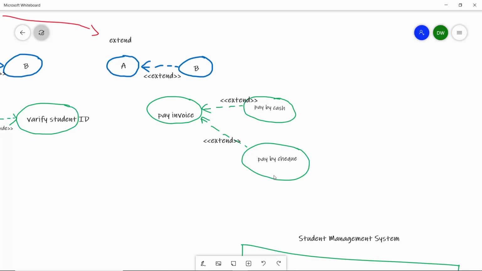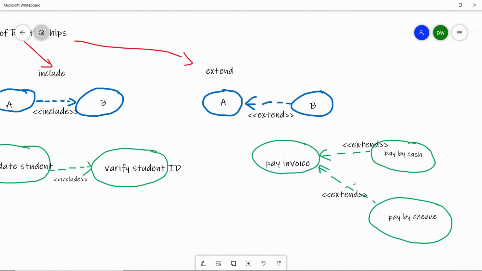So therefore, remember, whenever you have relationships within your system, you should mark all those relationships according to what your system will do. So that is the difference between this extend and this generalization. Right? So that is about include and extend relationship.